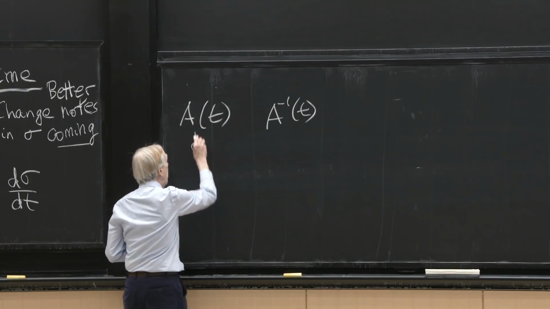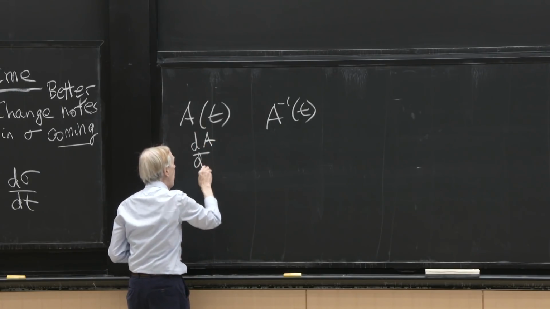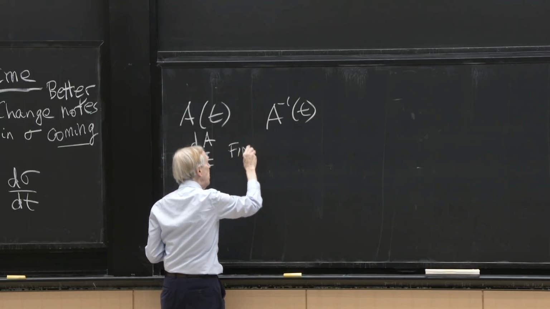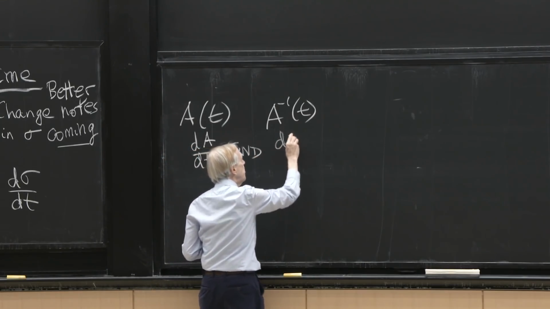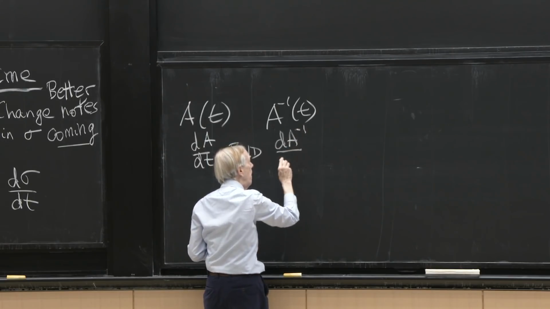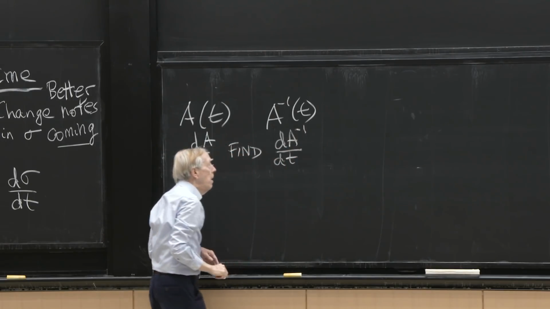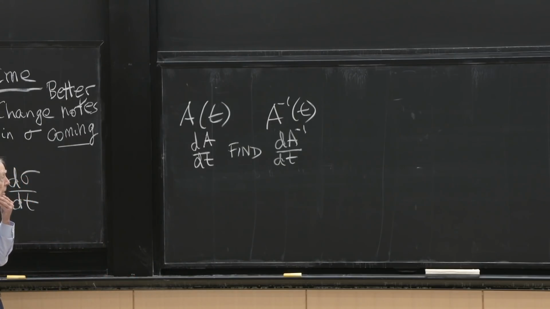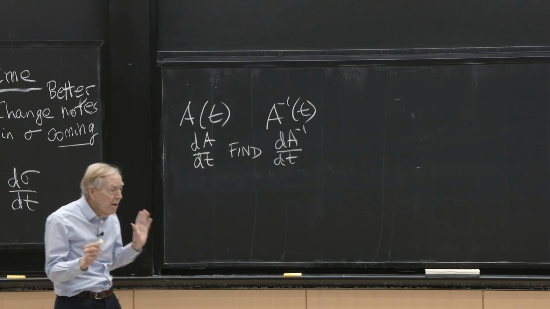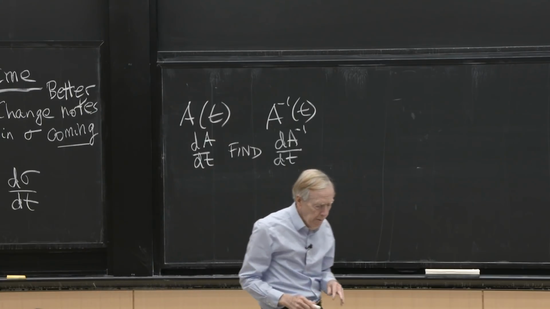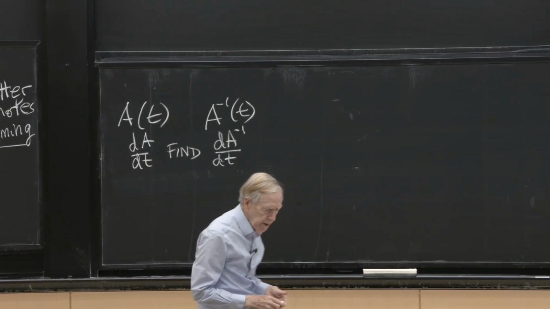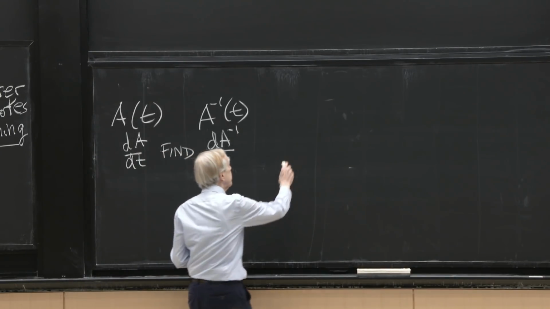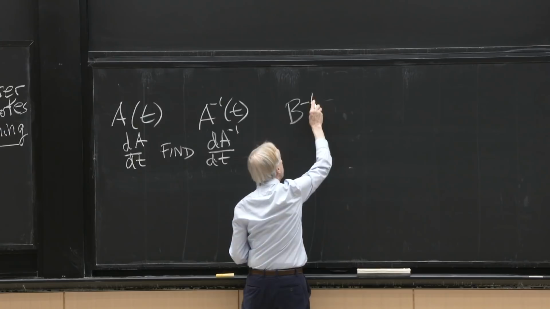I'm given, I can figure out the change in A, and my job is to find the change, the derivative of A inverse. Okay, so here's a handy identity. And I just put this here. So here's my useful identity.